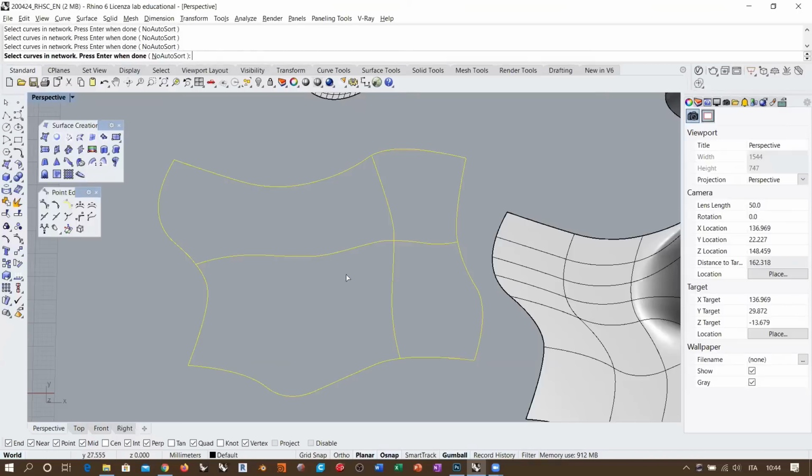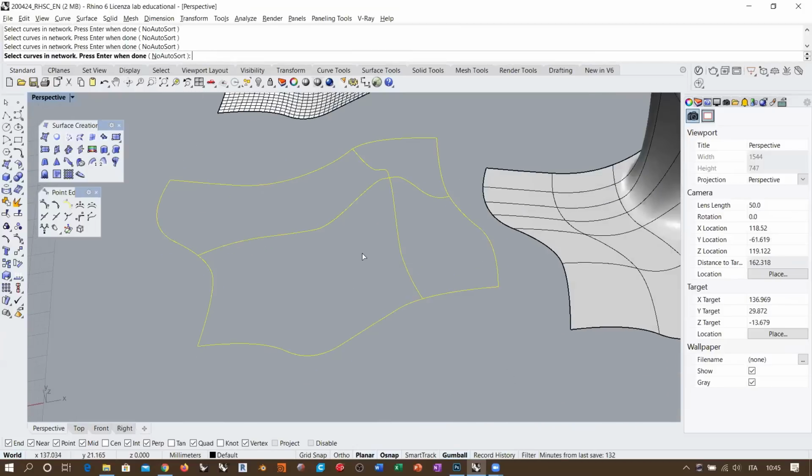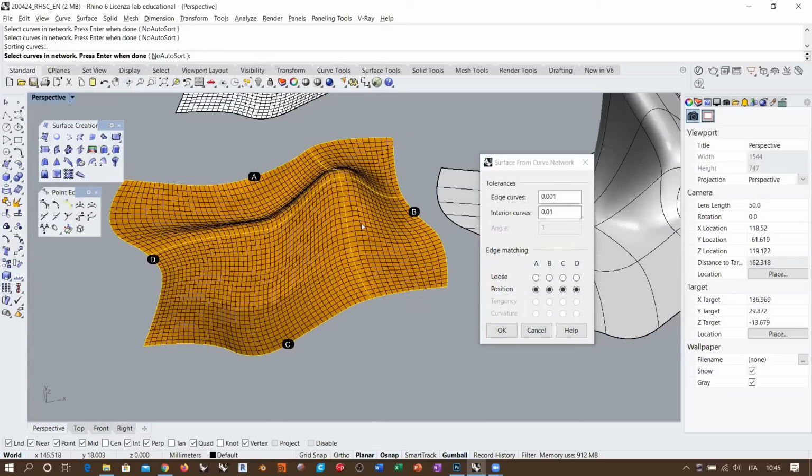Even if you don't have to press enter during this selection, the fact that you are sorting the selection curves makes it easier for the command to understand what orientation the two sets of curves have. And then hit enter. And we have this result.